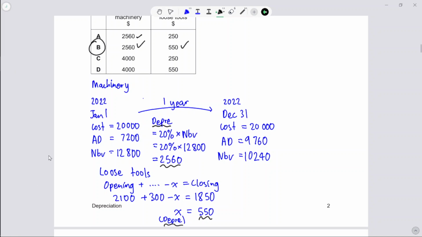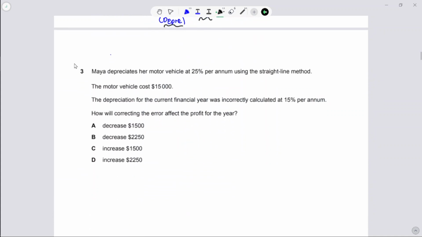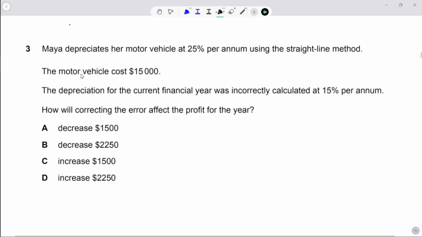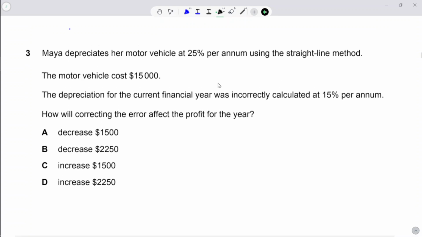Okay, now let's go to question number 3. So let's read the last line. The last line he say correct. They want to do correction.